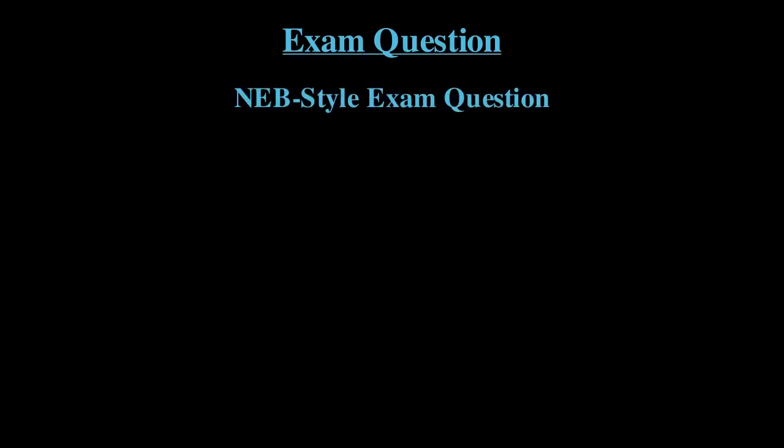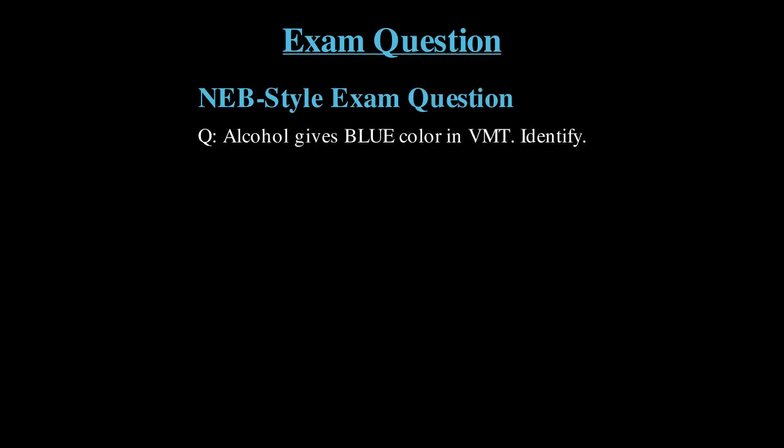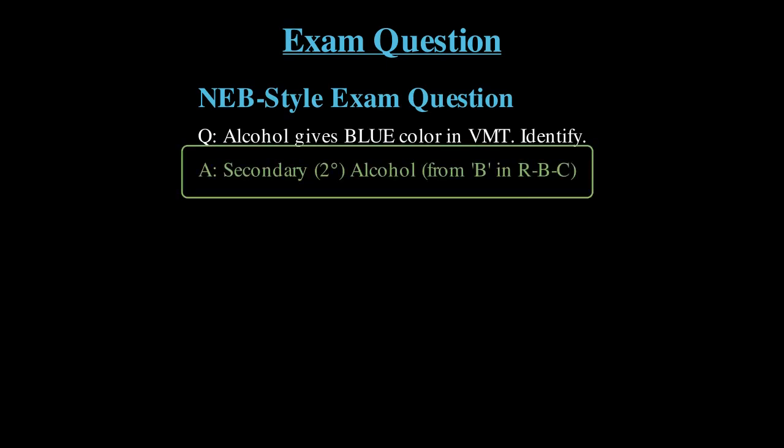Question: an unknown alcohol was subjected to Victor Meyer's test. On addition of sodium hydroxide, the solution turned blue. Identify the type of alcohol and give one example with structure. Solution steps: first, the blue color means secondary alcohol, 2 degree, from our mnemonic. Second, a common example is propan-2-ol, structural formula CH3-CH(OH)-CH3.